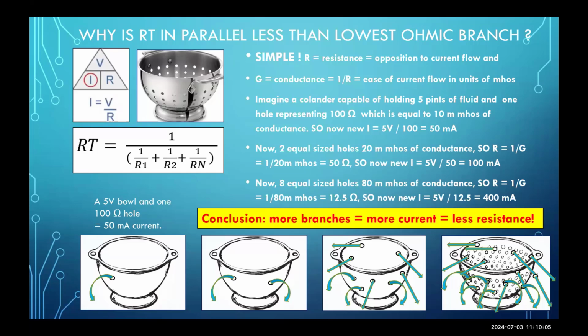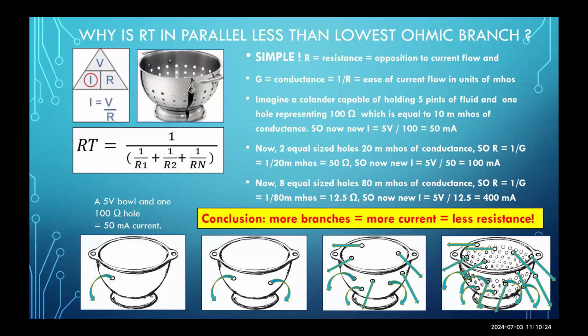So look at this fourth bullet point. It says now two equal size holes. That would represent 20 millimhos of conductance, because previously 100 ohms represented 10 millimhos of conductance.